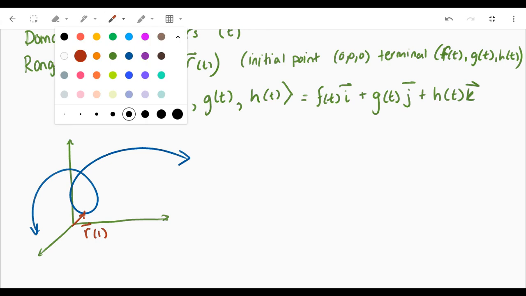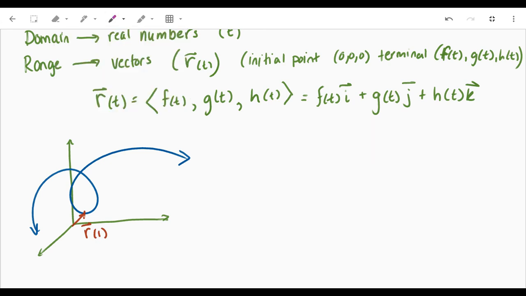And then maybe another one here. Like maybe this is r of 2. Okay, so by finding all those different vectors that are pointing to points on the curve, you get your entire curve. Okay, so let's just kind of take a look at an example of one.